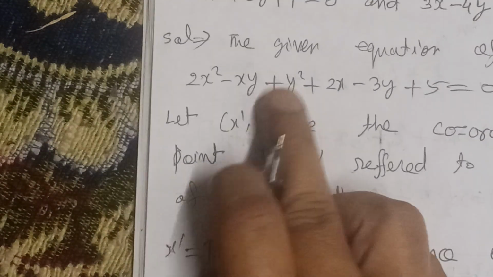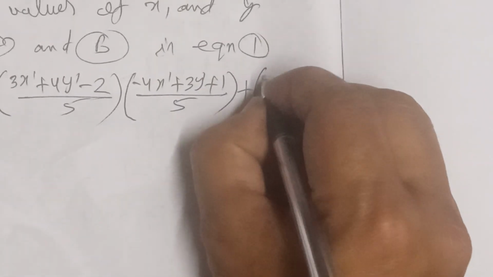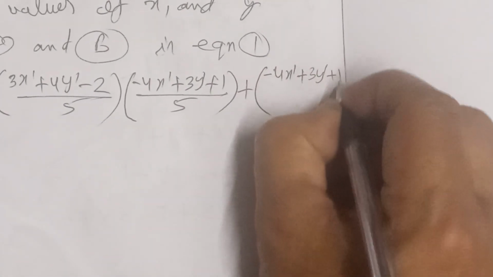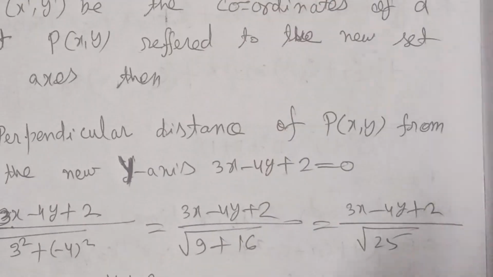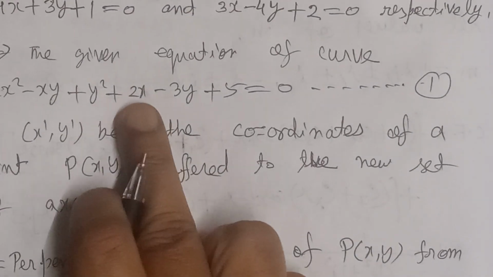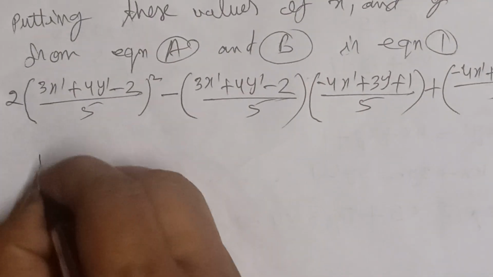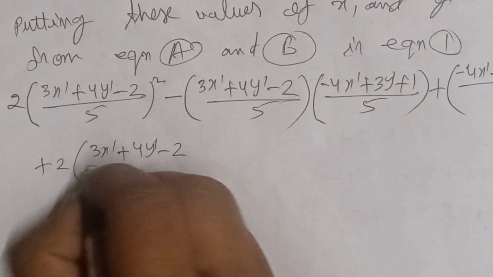Now the next term is plus y square, so I put the value of y here: plus (minus 4x' plus 3y' plus 1 upon 5) whole square. The next term is plus 2x. I write the value of x: plus 2 times (3x' plus 4y' minus 2 upon 5).